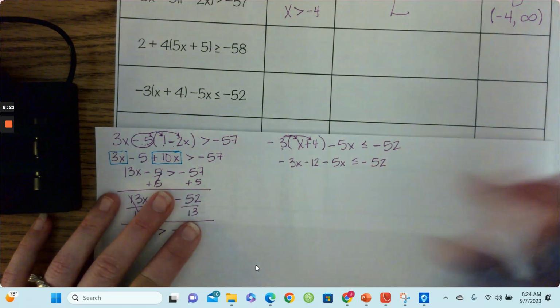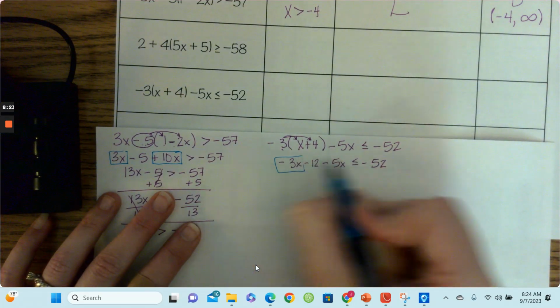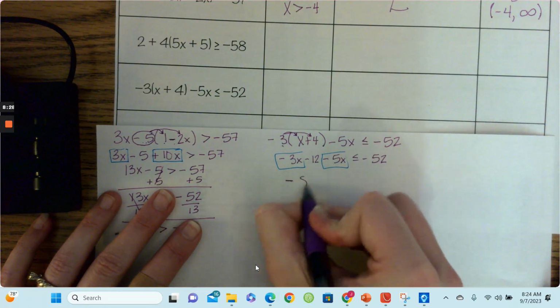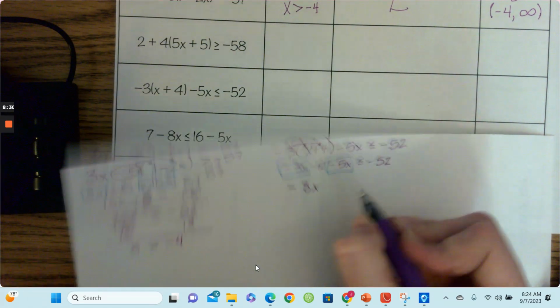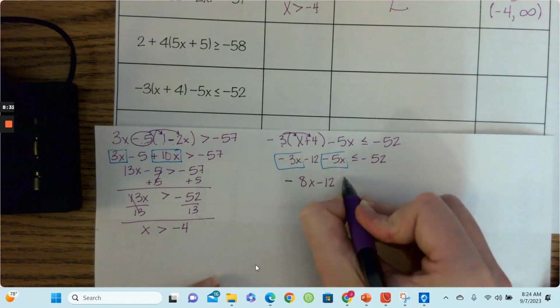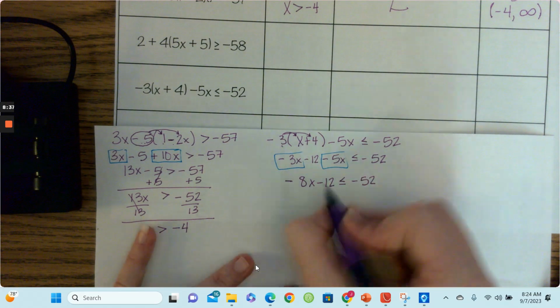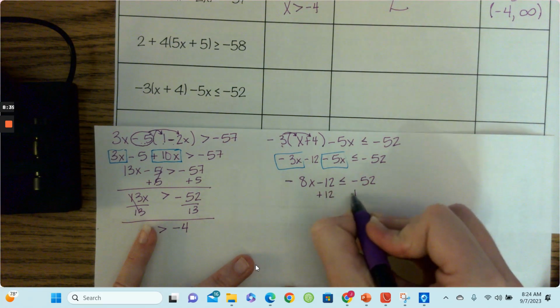All right, combine our x's. So negative 3x and negative 5x is a negative 8x. And then we add 12.